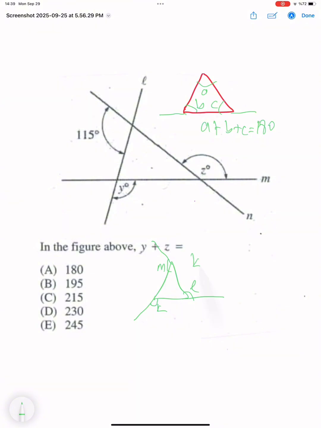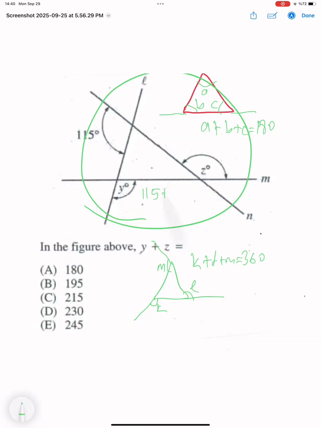Their total will give us 360. So in this case, it is 115, y and z. So 115 plus y plus z is going to be 360. I'll move this 115 to the other side of the equation, and then it's going to be 245. So y plus z, which is what we are asked to find, is 245.